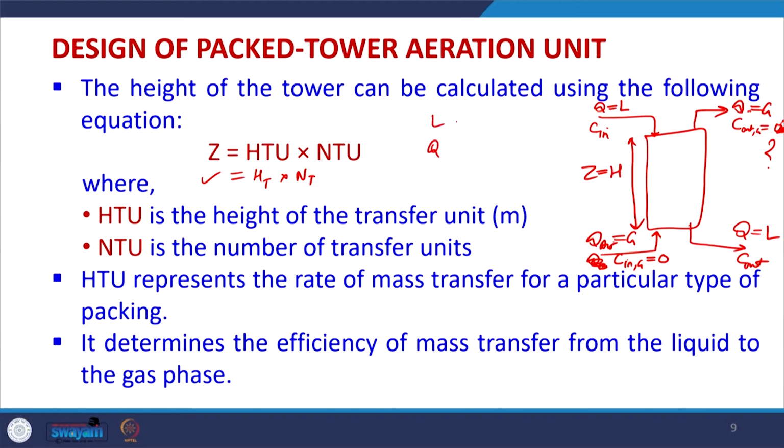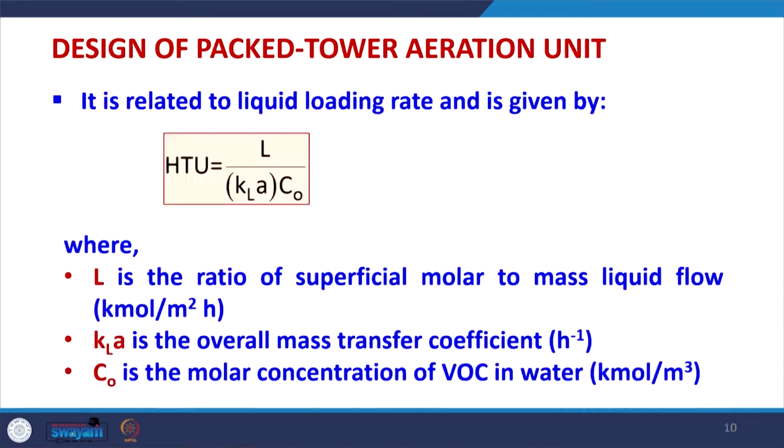L and G values are generally represented as the flow rate per hour per meter square of the bed. This is what is desired, and similarly for the gas phase also we can write like this. This meter square gives the cross sectional area, and from that we can know the diameter. So, this is how we can find out the diameter of the bed as well as the height of the tower.